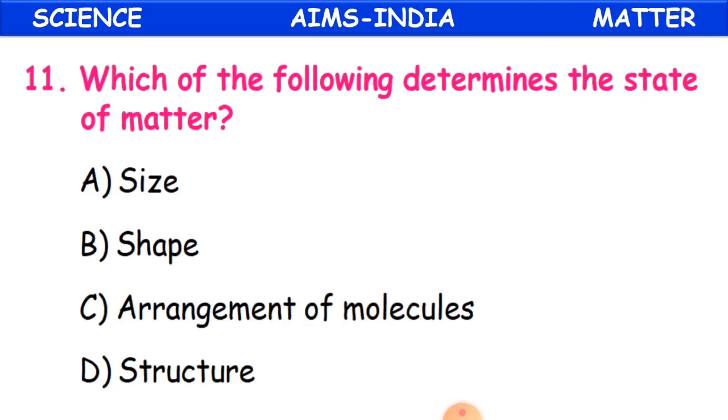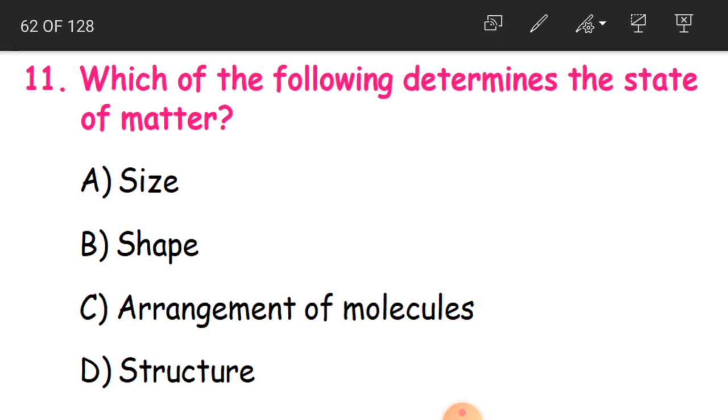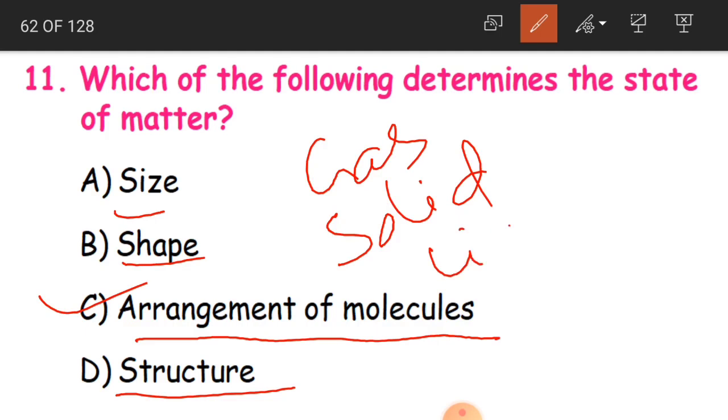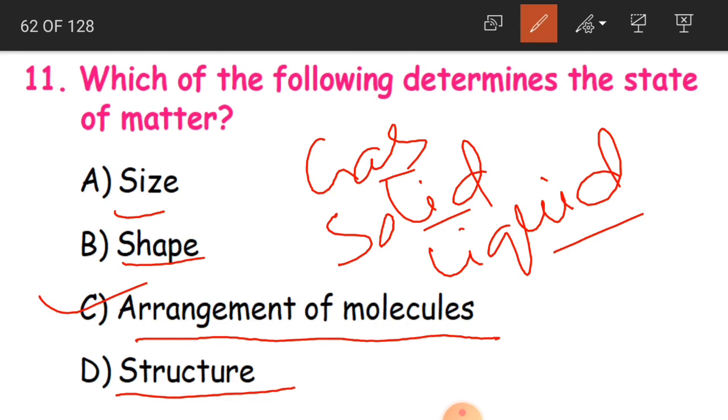And the 11th question, which of the following determines the state of matter? Is it size, shape, arrangement of molecules, or structure? And the answer is arrangement of molecules. See, if it is gas, solid, or liquid, what are these three, children? These are the states of matter. Now, which is going to determine the state of matter?